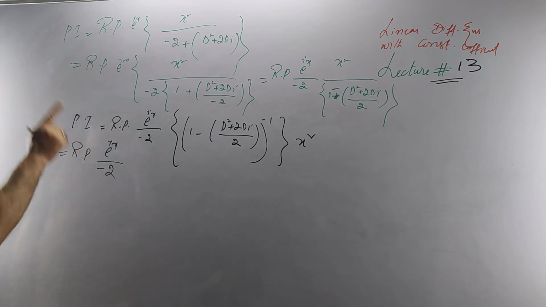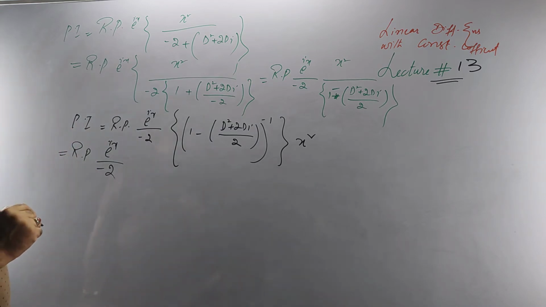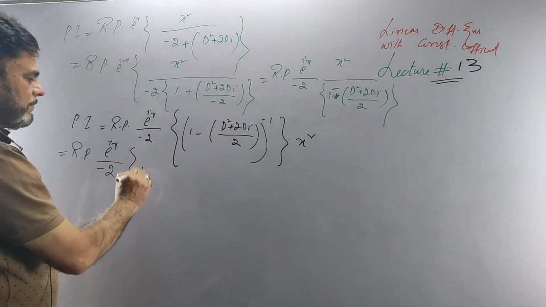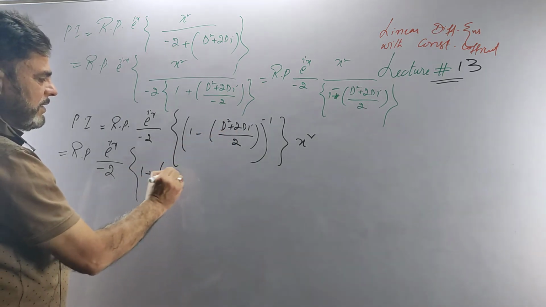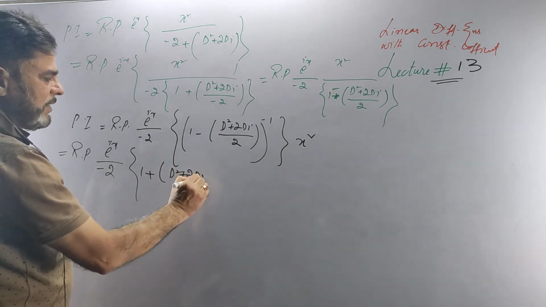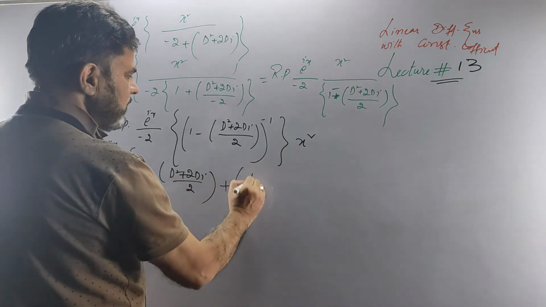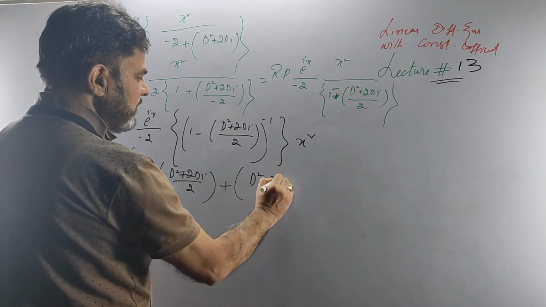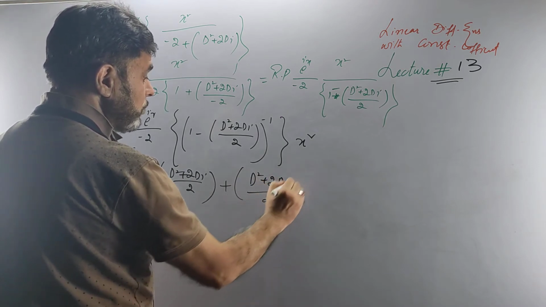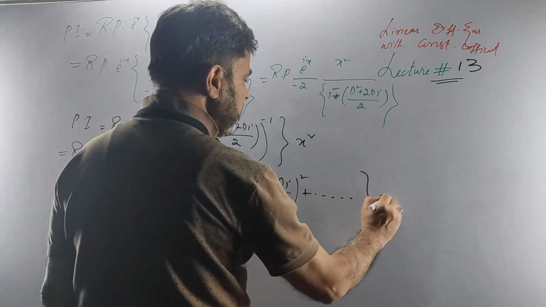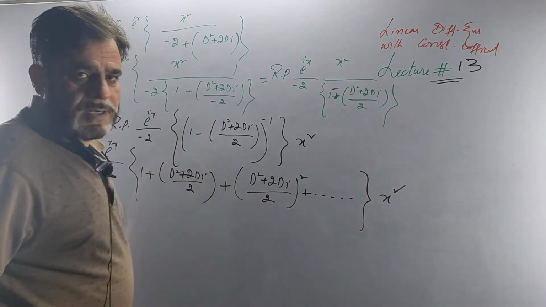Why real part of? Because our right hand side involved cos x. Well, open this. It is 1 plus D square plus 2D iota by 2, then it will plus D square plus 2D iota by 2 square plus so on. I will not write cube here because my highest power of x is 2.